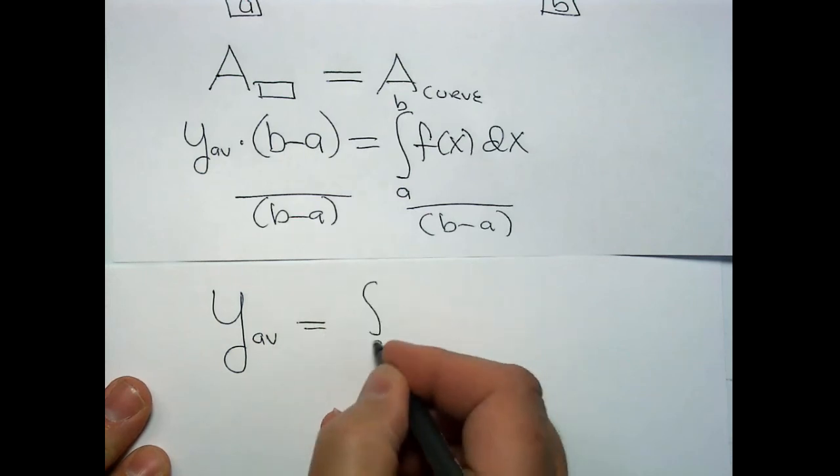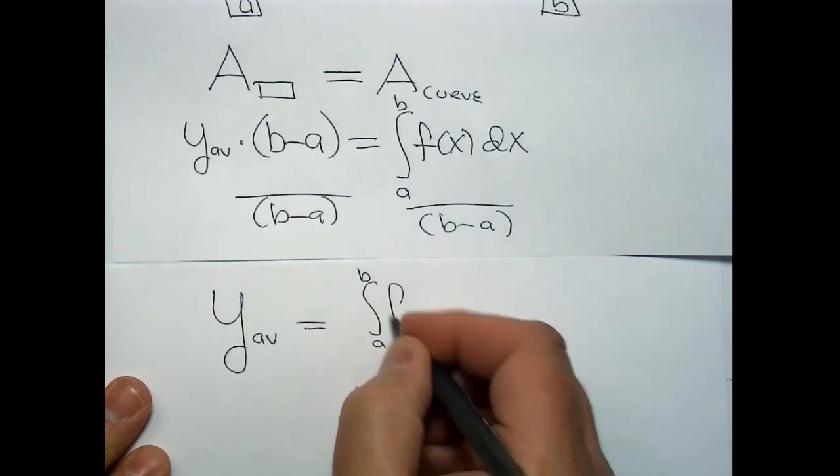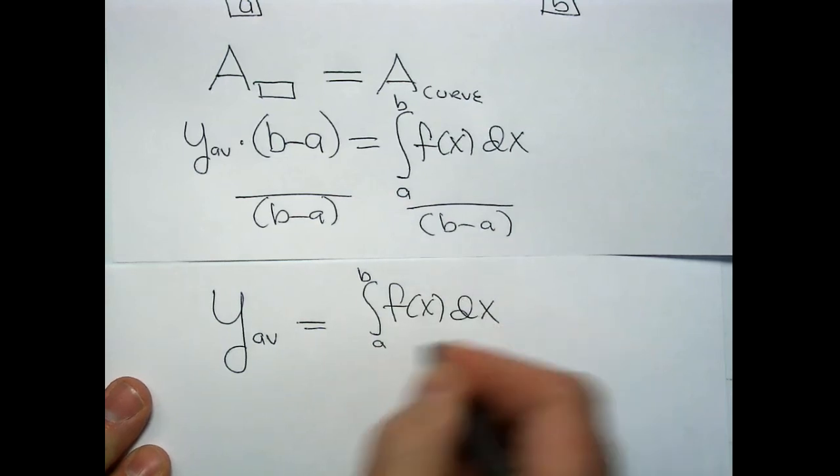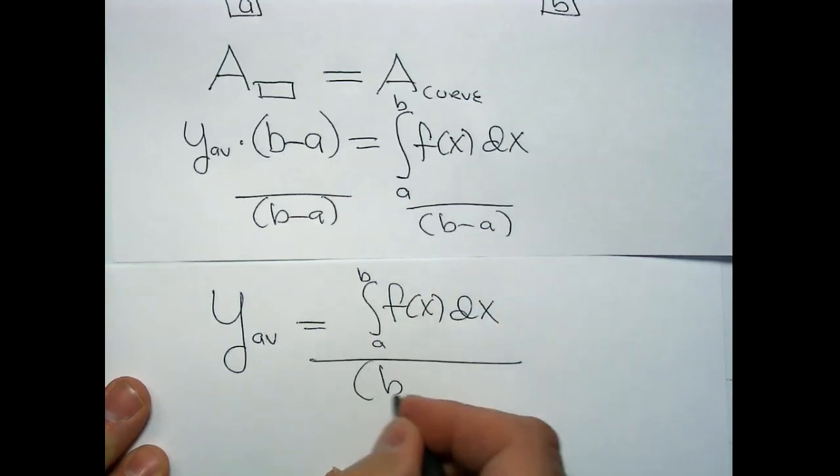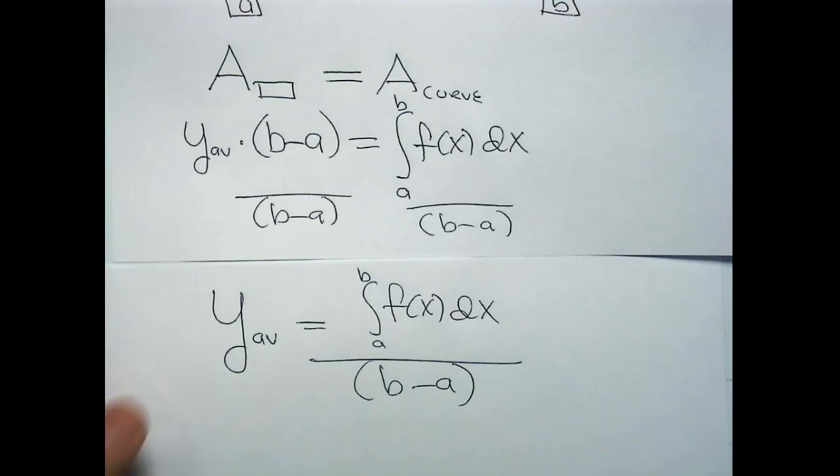Well, first of all, it's the area underneath the curve from a to b, simply divided by the interval width. It's that one last component that turns it from an area into something even more useful, which is an average y value.